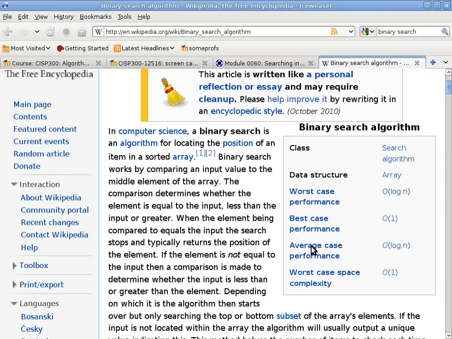But what we really want to look at is the average case performance. And we look at this, the notation here is a big O with log n inside it. What it means is the amount of time the algorithm takes is proportional to the log of the size of the array. That's all it's saying.